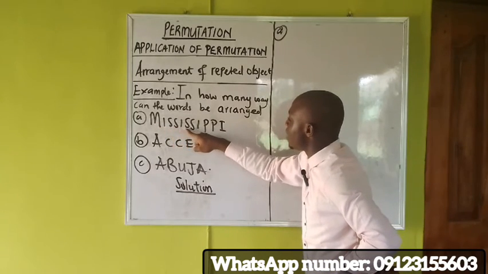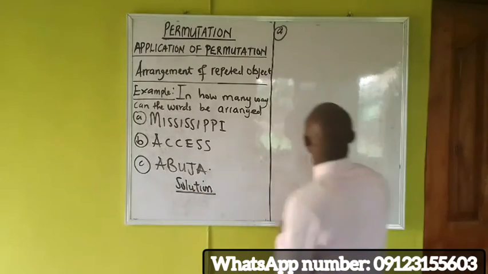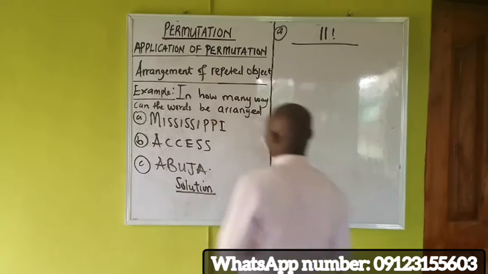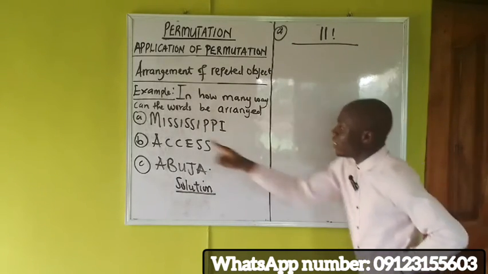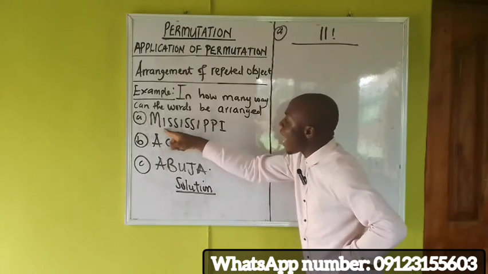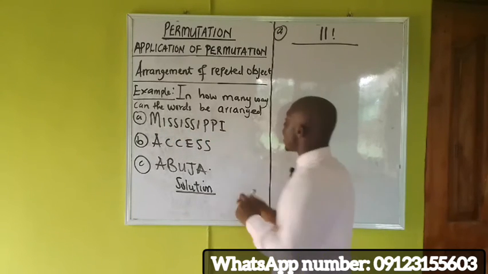I have 11. That becomes 11 factorial over. Now, count the objects that are repeated. Is M repeated? No. Next up, is I repeated? Yes. 1, 2, 3, 4. That becomes 4 factorial.